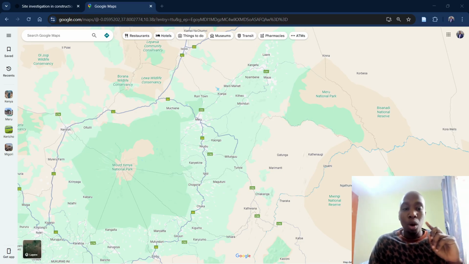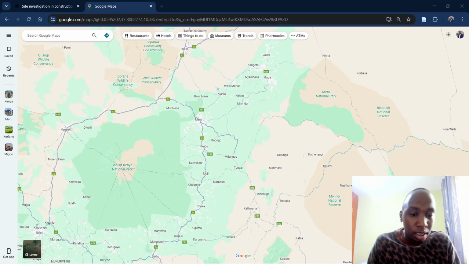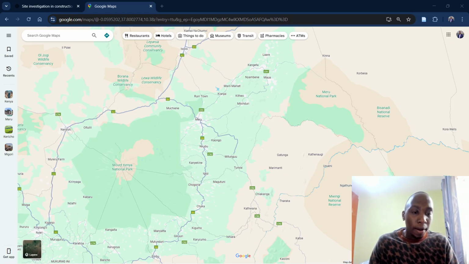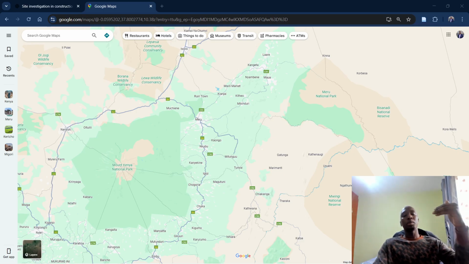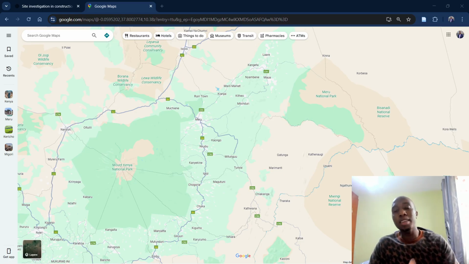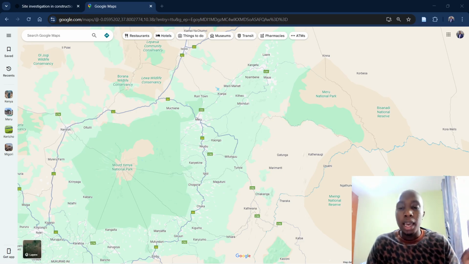So what are the steps for site investigation? It is called preliminary because you do it before. It's the process of gathering information about the physical, environmental, and geological conditions of a proposed construction site before actual design and building works begin.